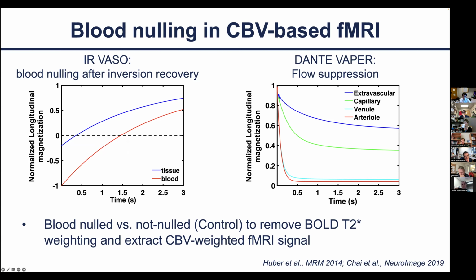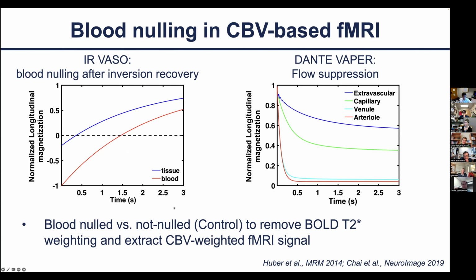So in addition to the blood-nulled condition acquisition, we interleave it with a control acquisition, which is a BOLD acquisition. Since their acquisition is identical, we can compare the two to factor out the BOLD T2 star term and extract the CBV weighting.